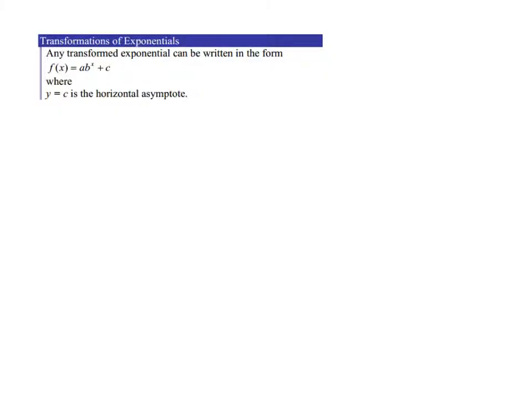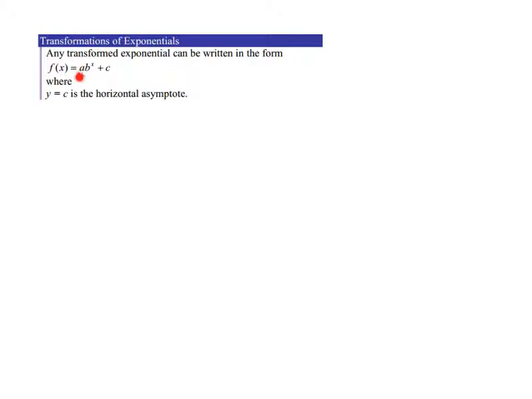Now what we're going to be working with is transformations of exponential equations. The big idea is the graphs, writing an equation from the graph, but you also have to know how a function behaves. So we all have to check for whether there's any shift up or down. What's the y-intercept?